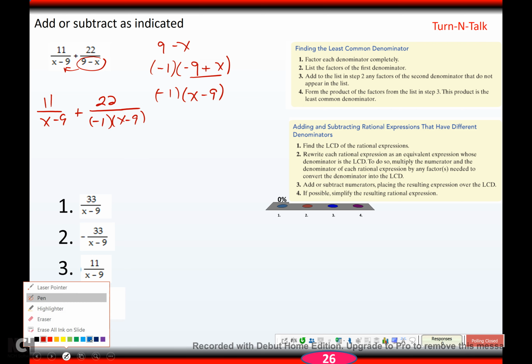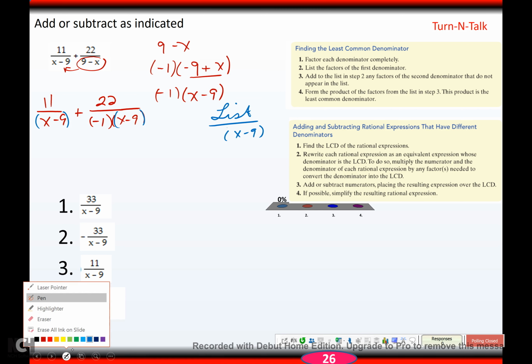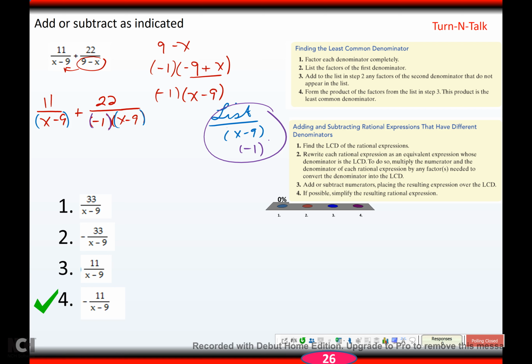So now, when I make my list, my first denominator has an x minus 9, and so does my second one, so that's okay, one will do both. Okay, and in my second denominator, there's also a -1. So my common denominator is going to be both of those.